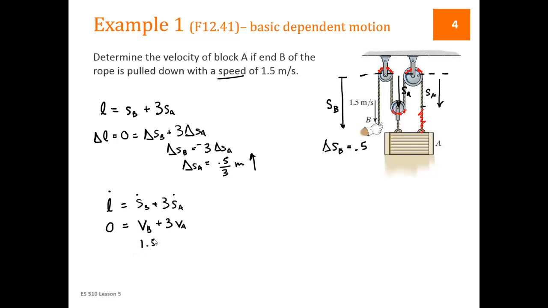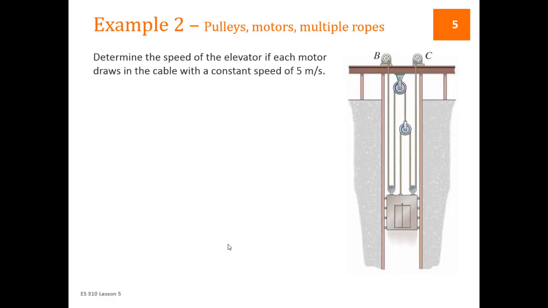So 1.5 is equal to negative 3 VA, or VA is equal to 0.5 meters per second. So this is then the speed of VA. The direction: VB was down, VA is up. So notice instead of writing this sign, I drew the direction. It's upwards.